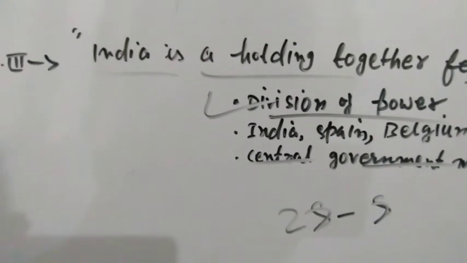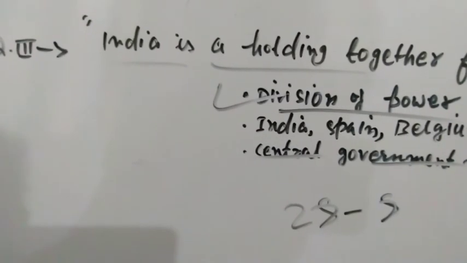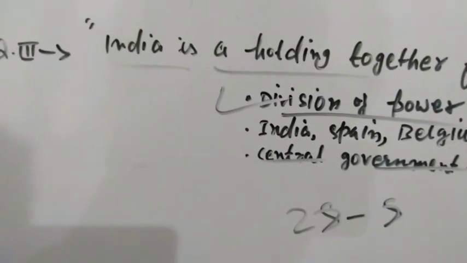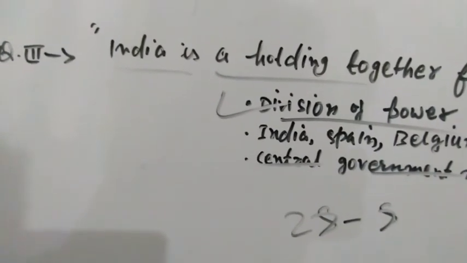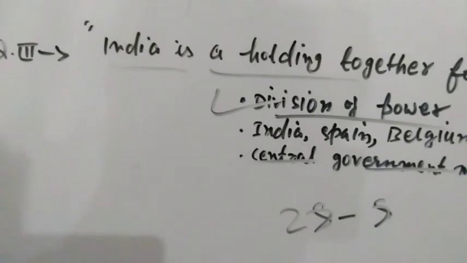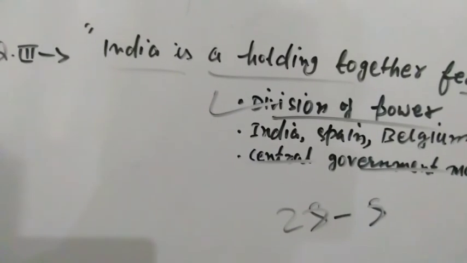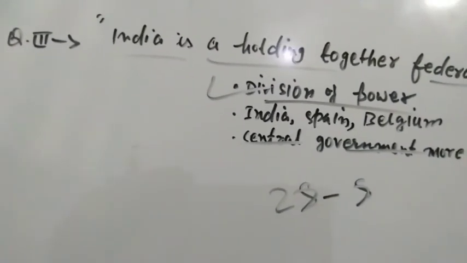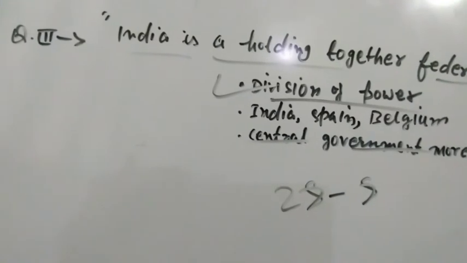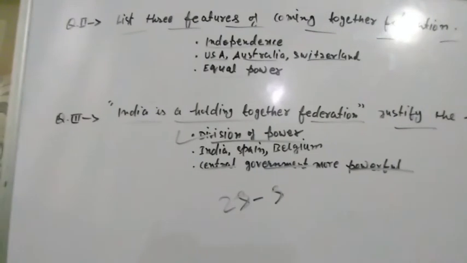In India, many states have special powers like Jammu and Kashmir, when it was a state, now it is a union territory, and like Assam, Nagaland, Manipur and many other states. On the other hand, there are 8 union territories which have less power than Indian states. But in coming together federation, no state has any kind of special power and no union territory has less power than any other state. This is the basic difference between coming together federation and holding together federation.